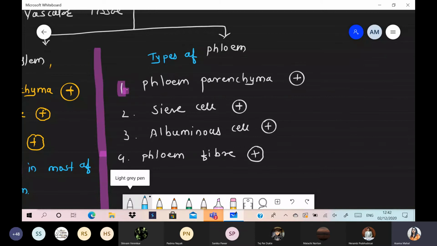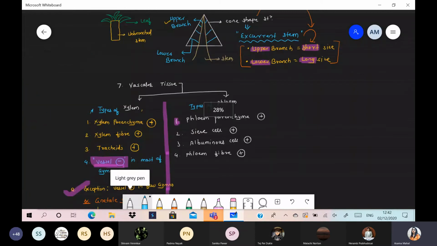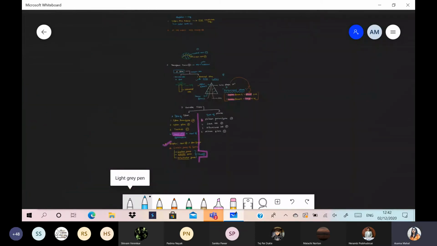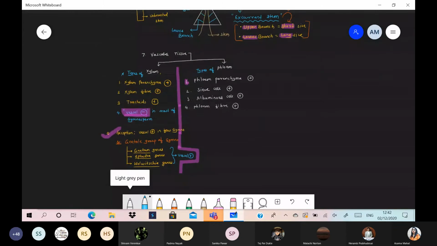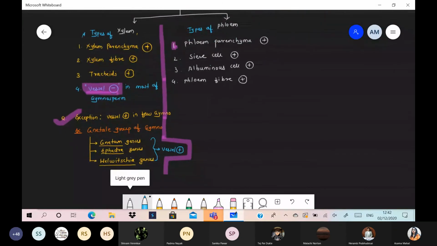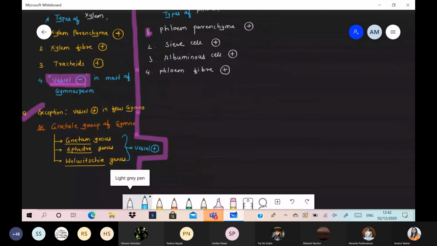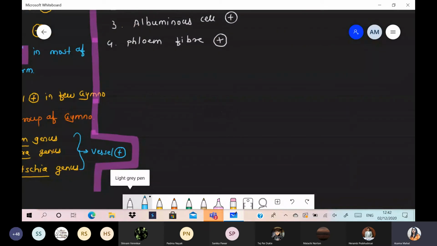Similarly, we compare this point. In the gymnosperm, basically sieve tube elements are absent, as well as the companion cells.